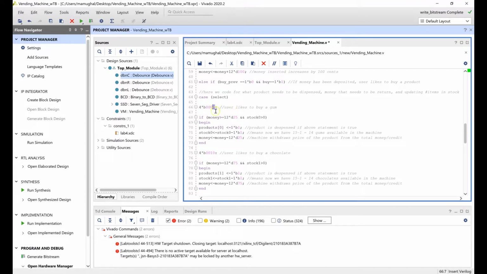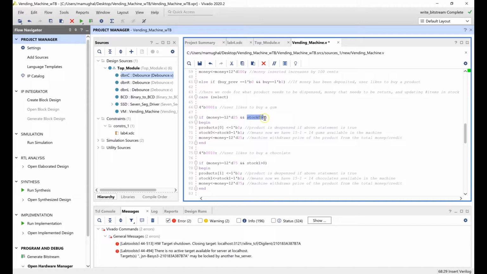So if the user wants to buy a gum, that means it's going to look for the money, which needs to be greater than or equal to 25 cents, because the price of the gum is 25 cents. And it's also going to look at the stock, whether we have enough in the stock or not.